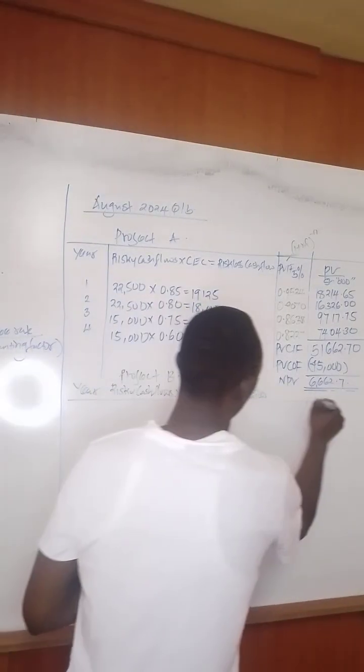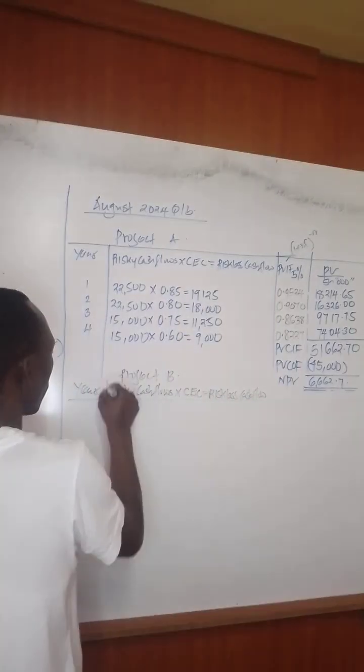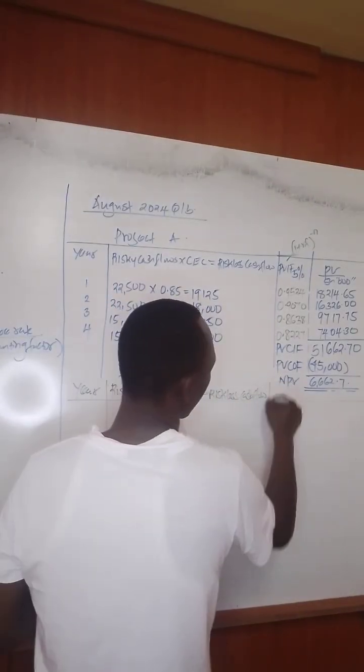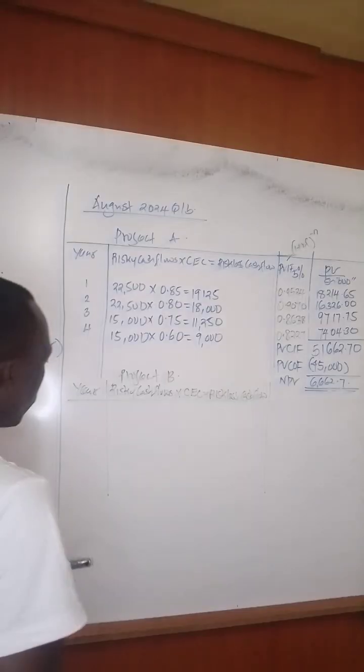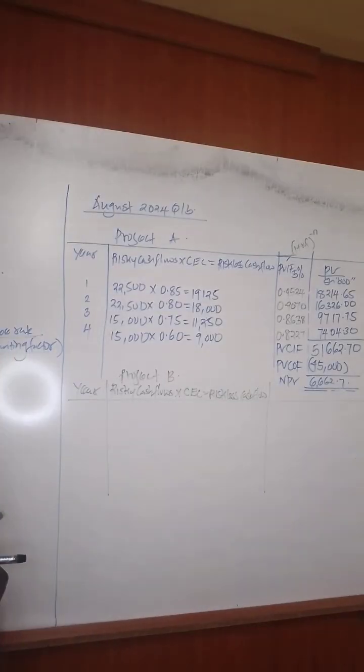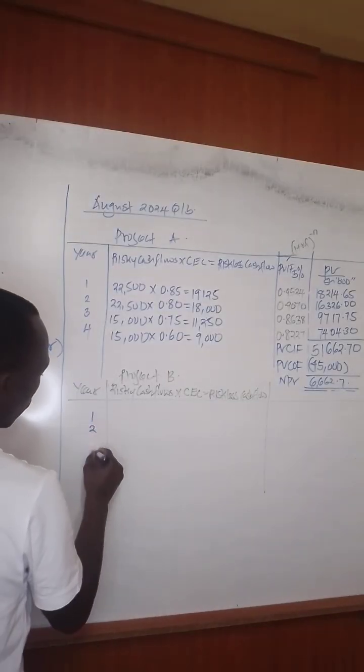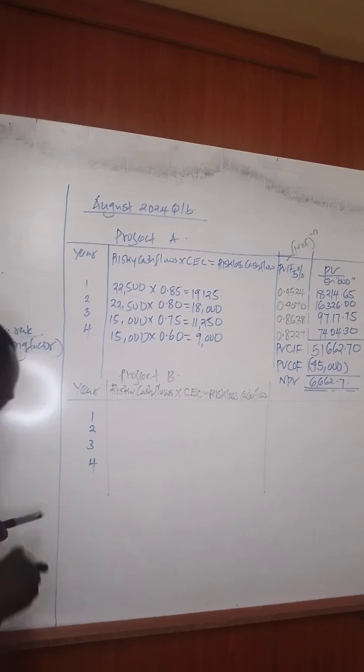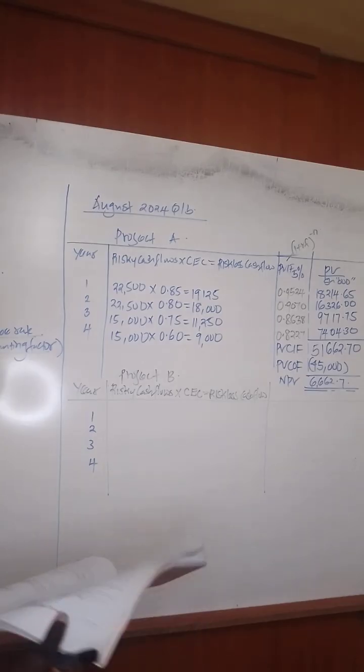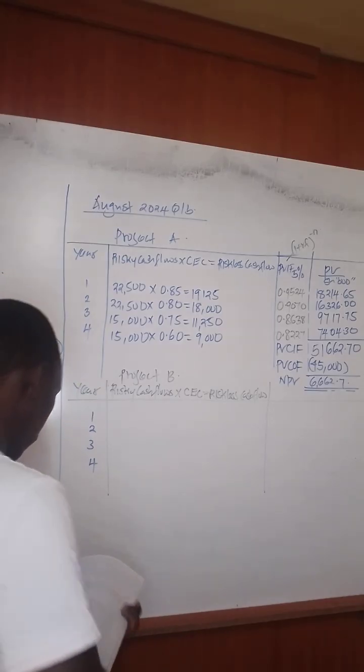So this is how we are going to compute this. So again, we are going to start from year 1, 2, 3, and also we have period 4. Let us look at those expected cash flows so that we can convert them to riskless cash flows.